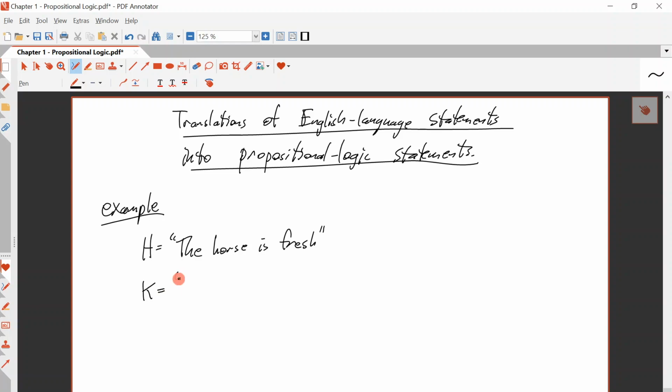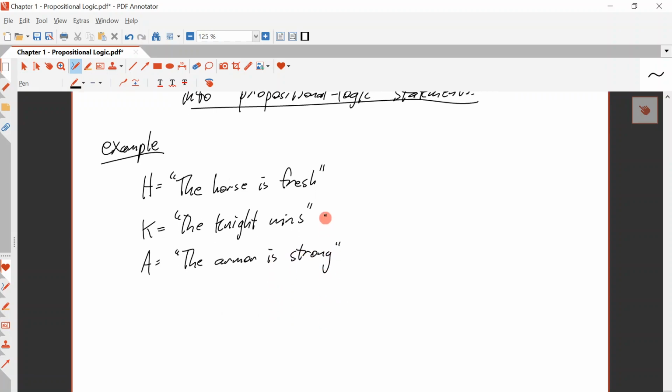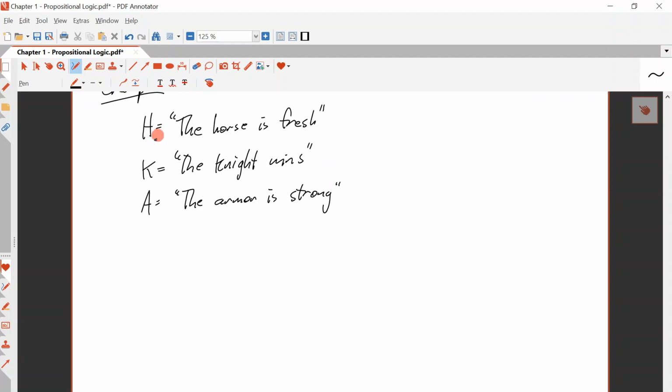K equals the knight wins. And A is the proposition, the armor is strong. So here's a bunch of sentences. Let's translate them into propositional logic using these statements here.